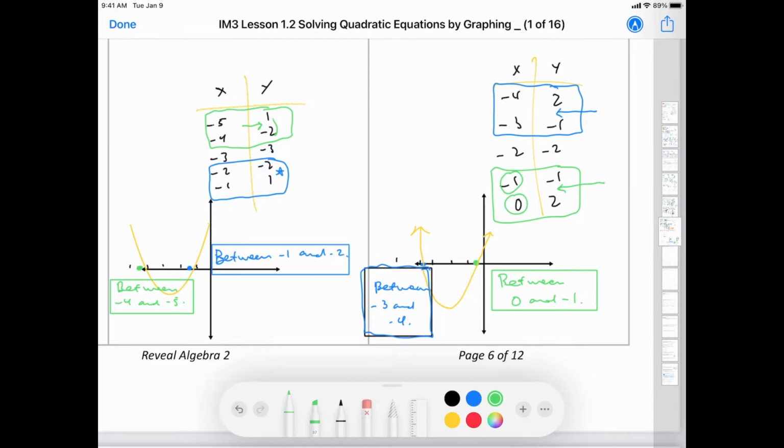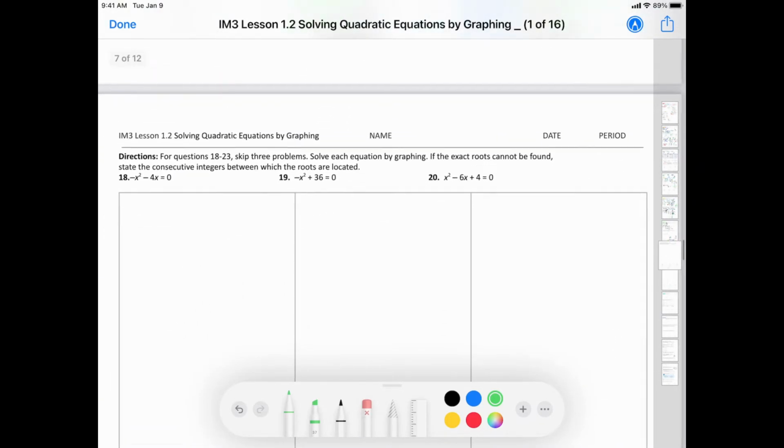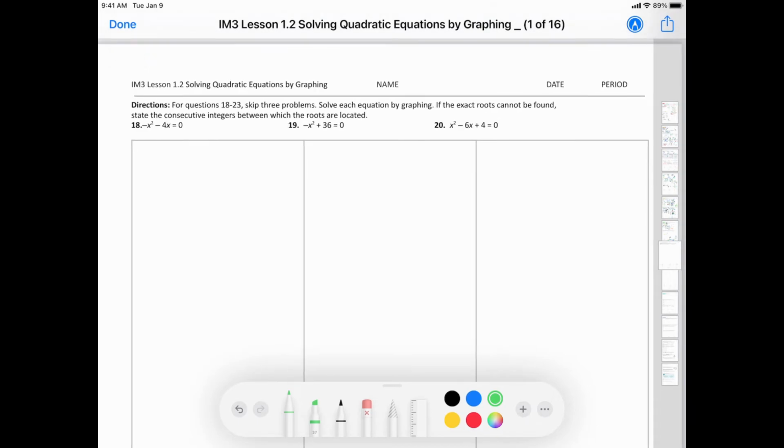Okay, let's go ahead and try. It says question number 18 to 23, skip 3, solve by graphing. Go ahead and just graph it using your graphing calculator, and then we're just getting our solutions. So let's put number 18 in here.